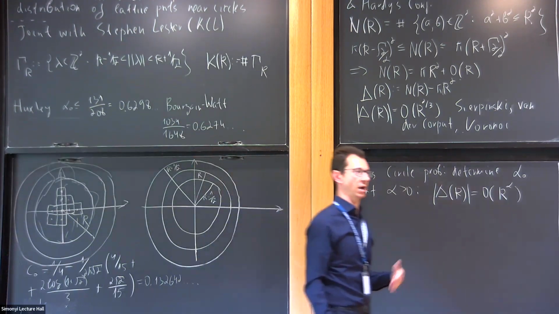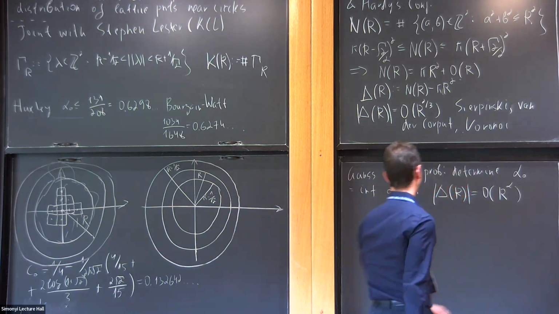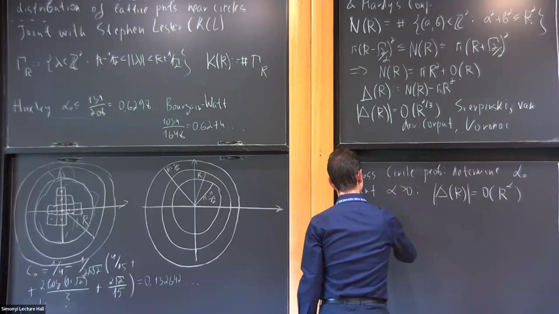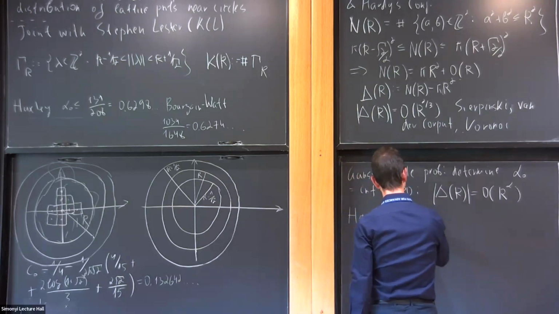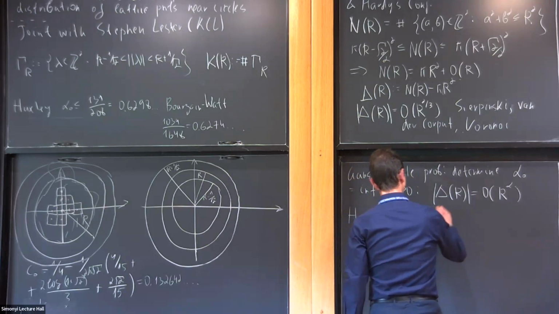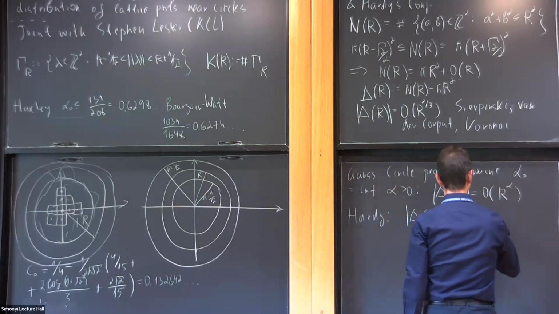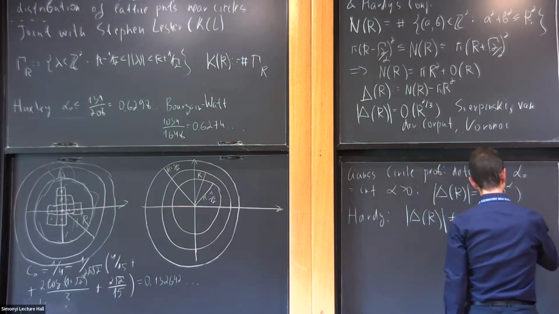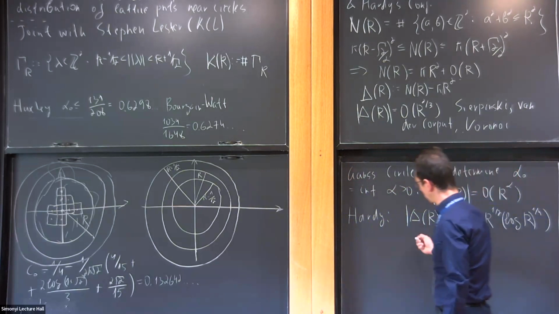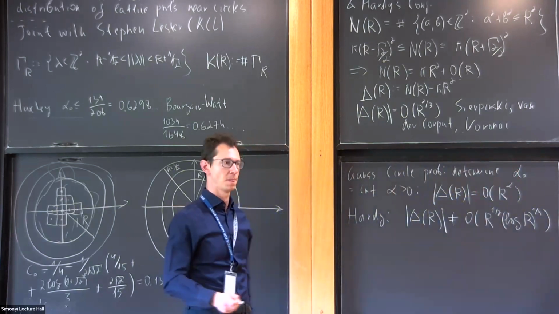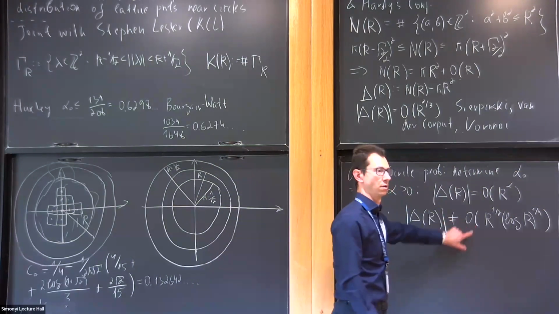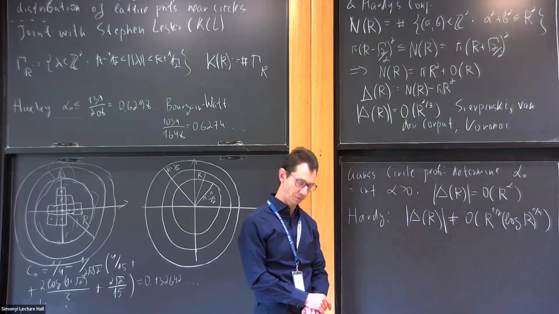Now, conversely, there are lower bounds. Hardy in 1915 proved that Delta(R) is not big O of R^(1/2) times log R to the 1/4, meaning that there is a sequence of R so that the ratio between these converges to infinity.